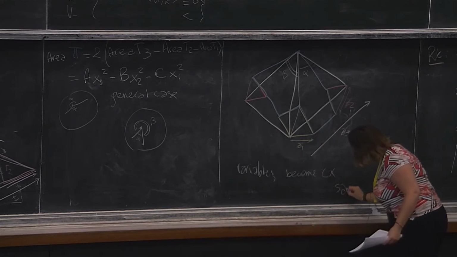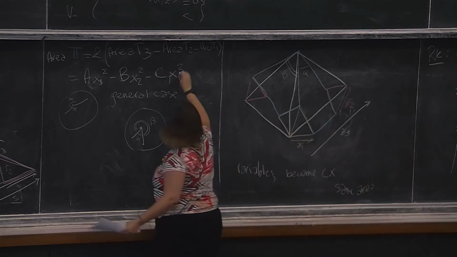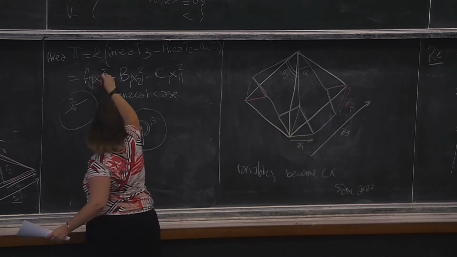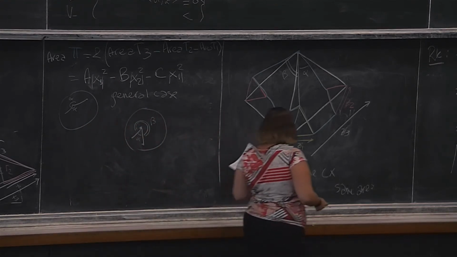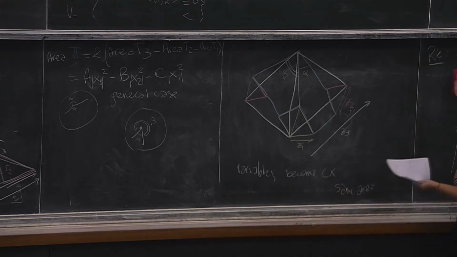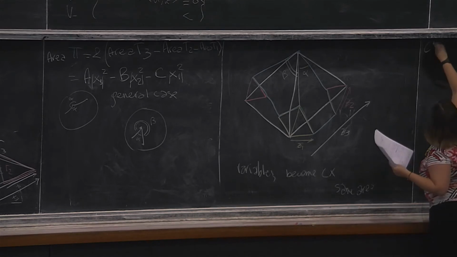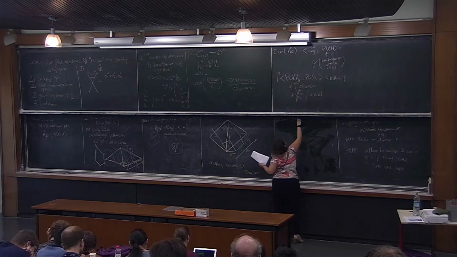The area is given by the same formula, up to here taking the modulus squared. And so my claim now is that this has a complex hyperbolic structure.